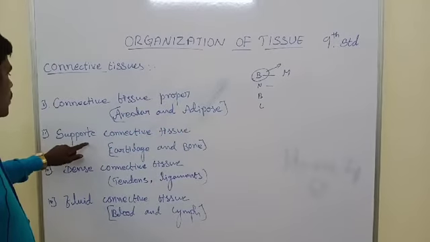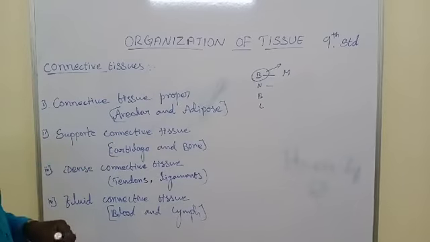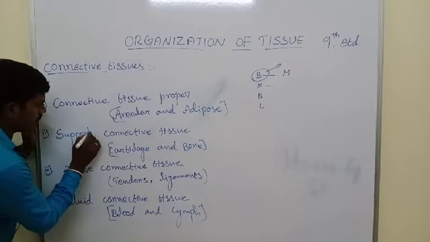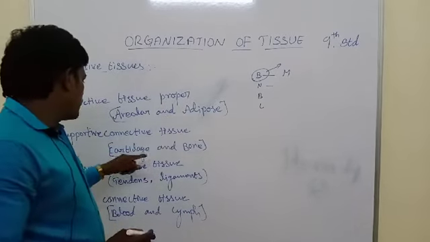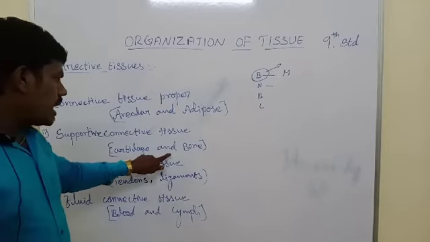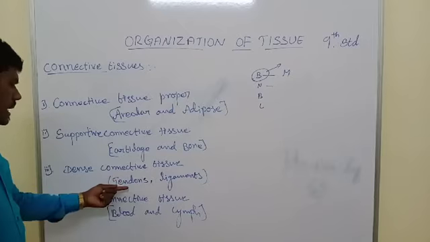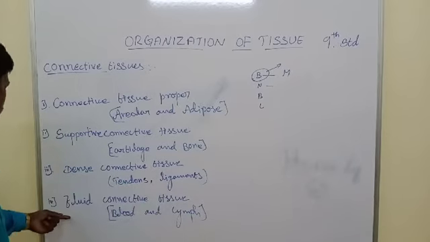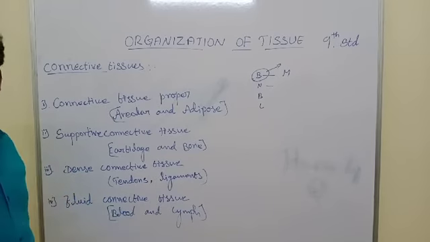Second, supportive connective tissue; you can write support or supportive, no problem. They have two kinds, cartilage and bone. Dense connective tissue is present in two kinds, tendons and ligaments. And fourth, fluid connective tissue, present as blood and lymph.